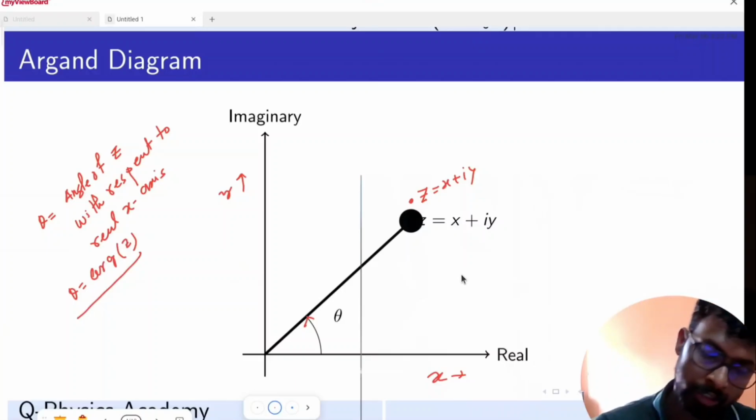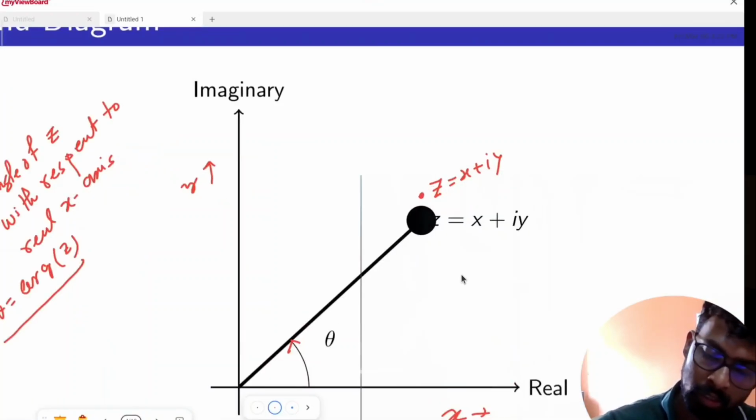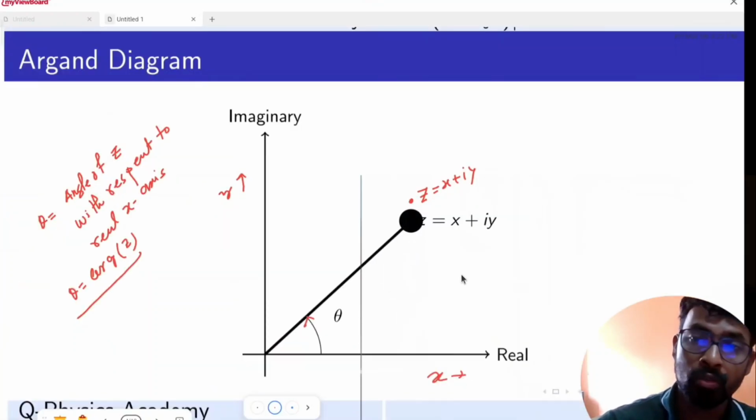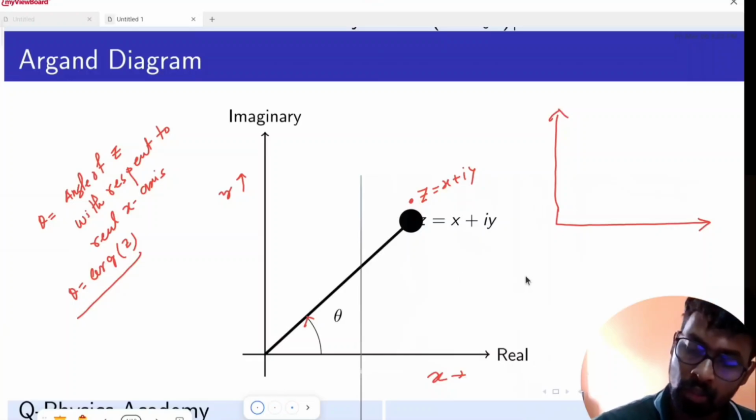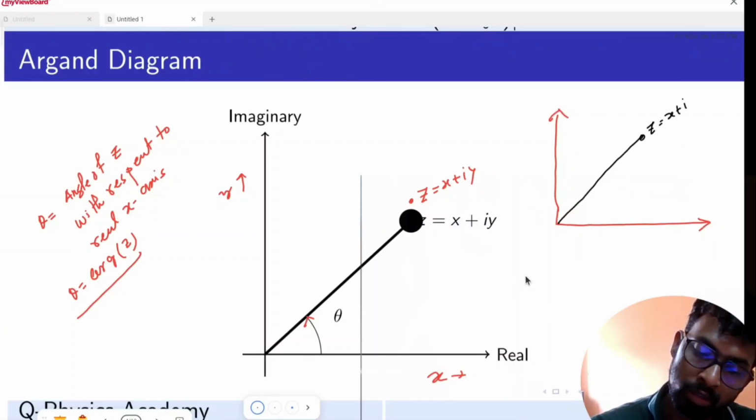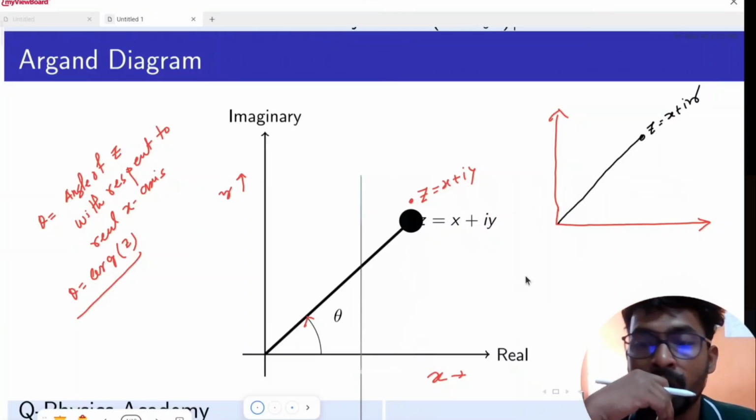we can easily say, let's try to understand that part actually. Let us consider a complex number z = x + iy.